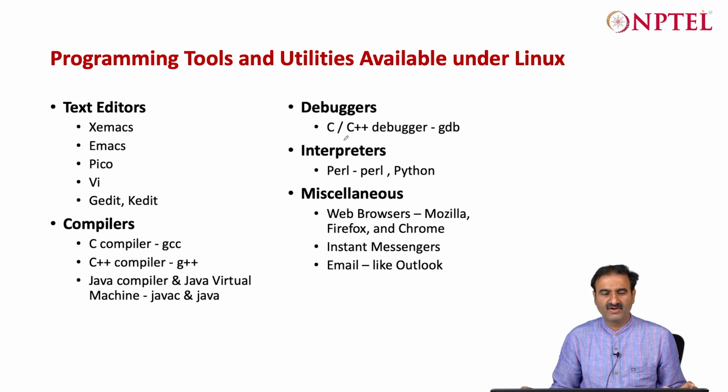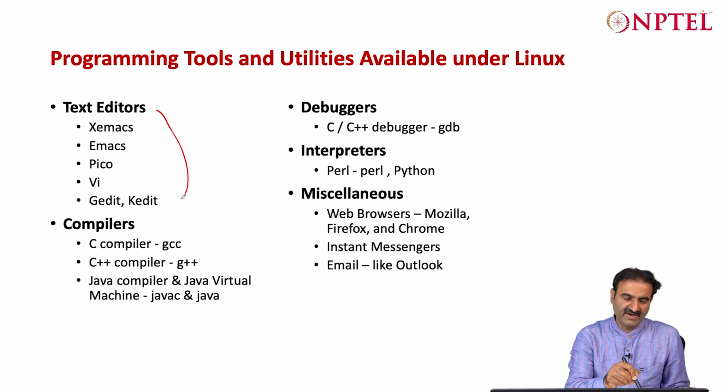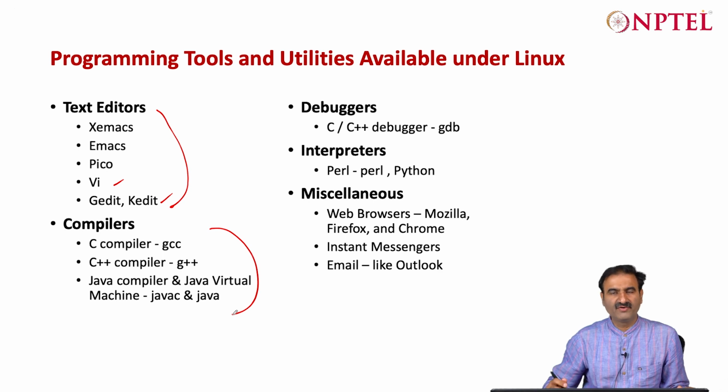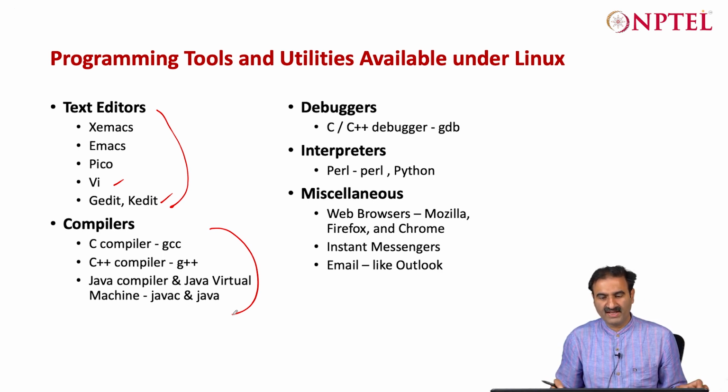Linux also comes with a lot of tools and utilities, as I mentioned. There are several text editors available; we'll be looking at a few of those in this class. It has inbuilt compilers for various programming languages, and interpreters for interpreted languages like Perl and Python.